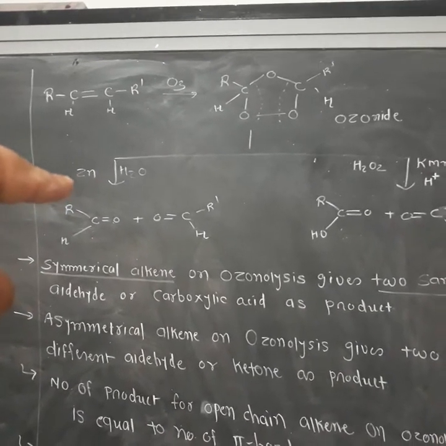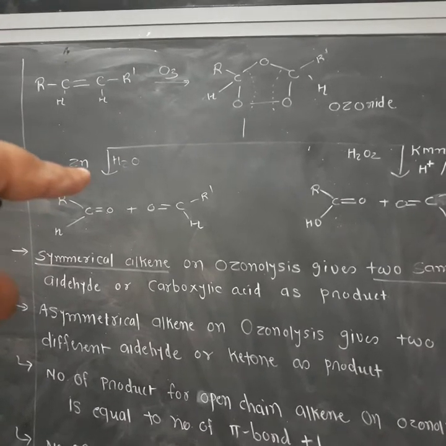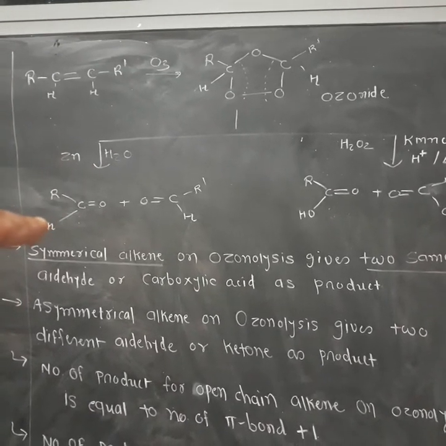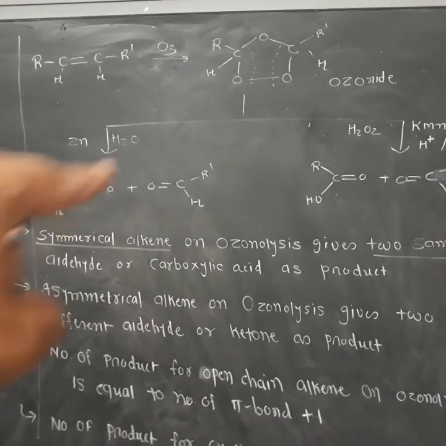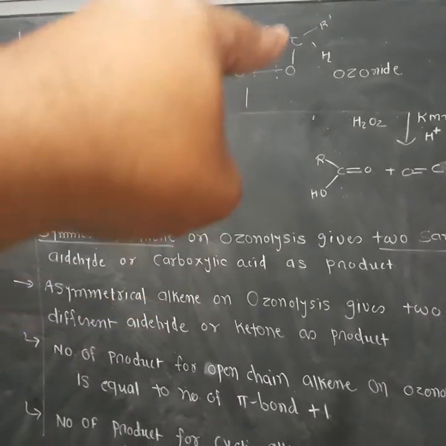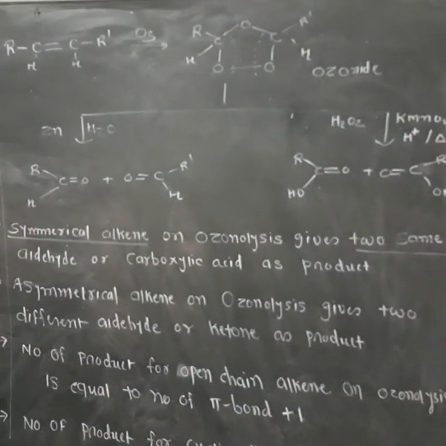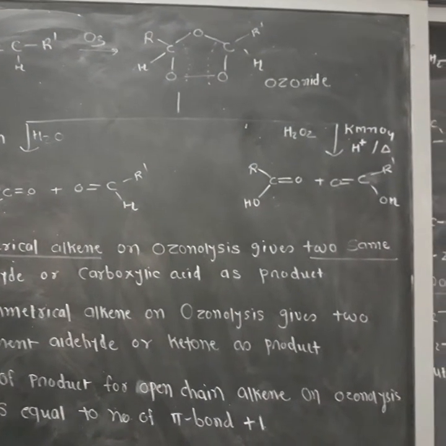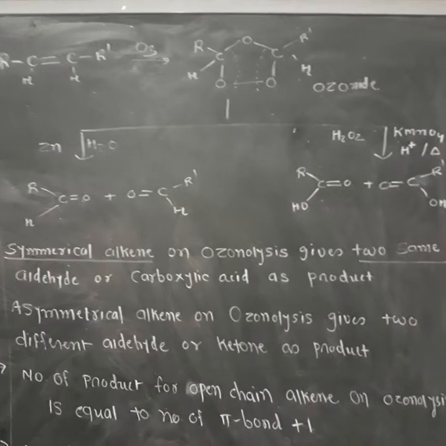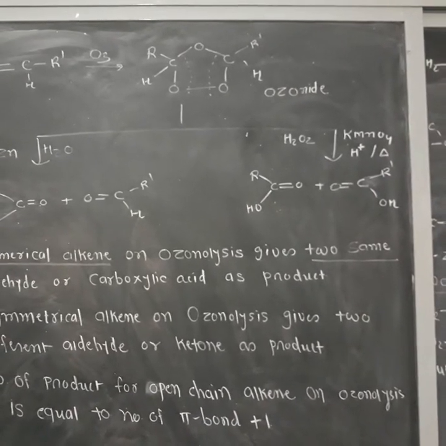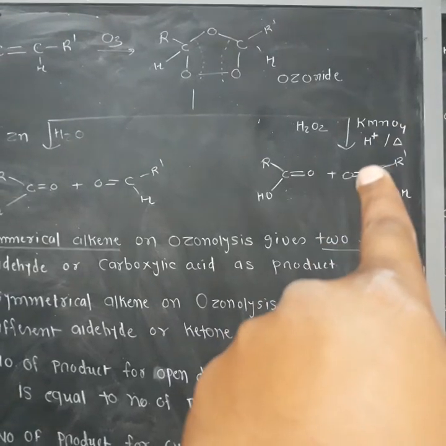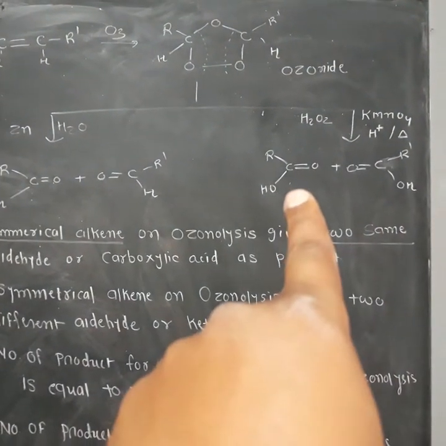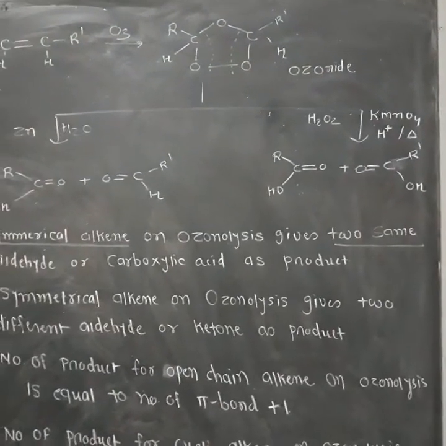Either this ozonide reacts with zinc and H2O and gives aldehyde as a product, RCHO. Here the breaking of bond takes place, and this breaking of bond is responsible for the reaction. Or instead of zinc and H2O, if you use hydrogen peroxide, KMnO4, H plus and heating, it gives carboxylic acid as a product.